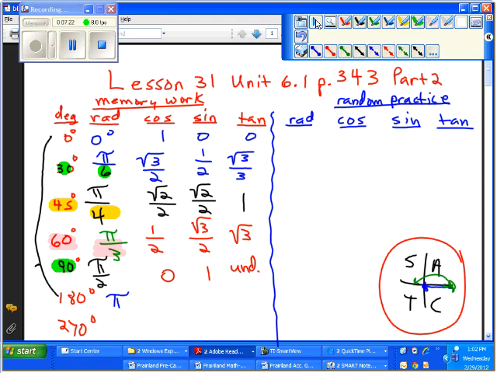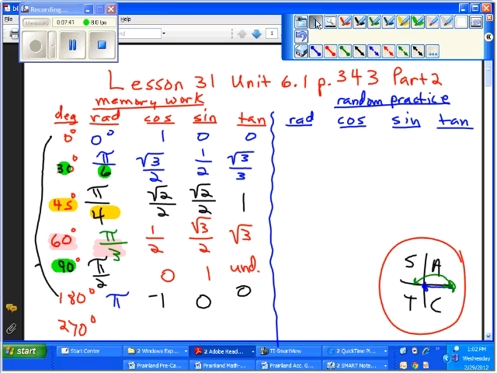Cosine was 1 on 0, so what's it going to be on 180? Negative 1. Sine was 0, so we're going to get a negative 0, which is still 0. And tangent was 0, so we're going to get a negative 0, which is still 0.